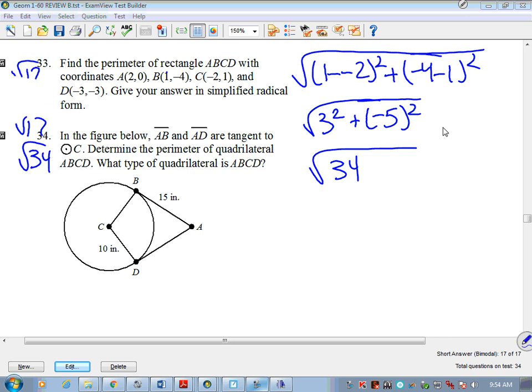So we have square root of 17 plus square root of 34 plus square root of 17 plus square root of 34.